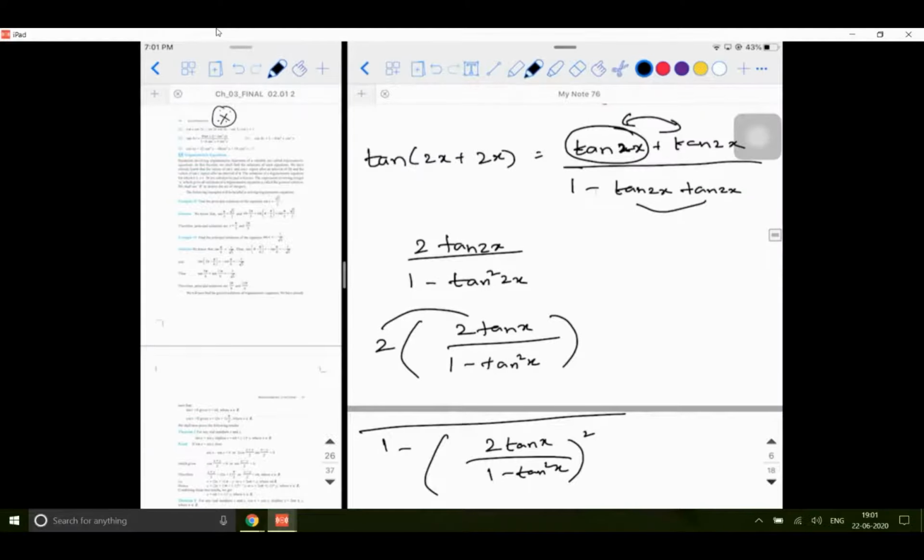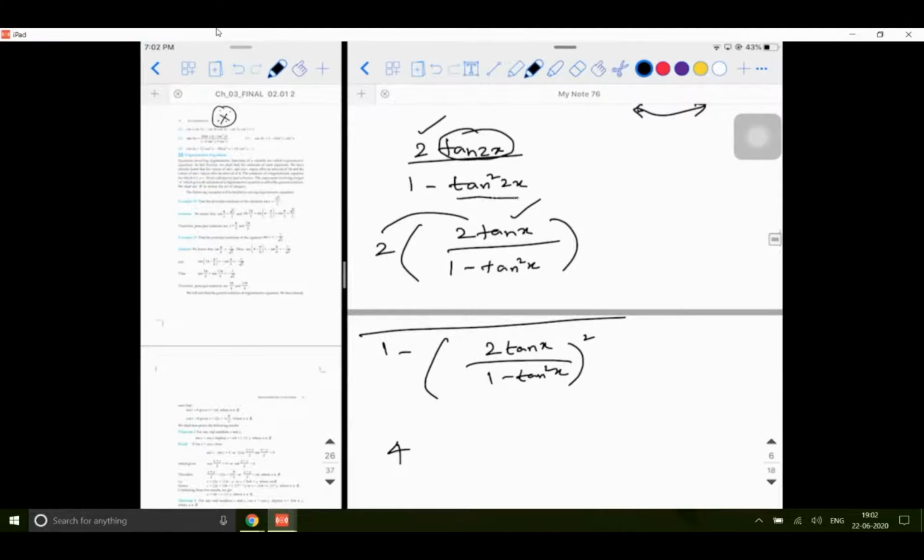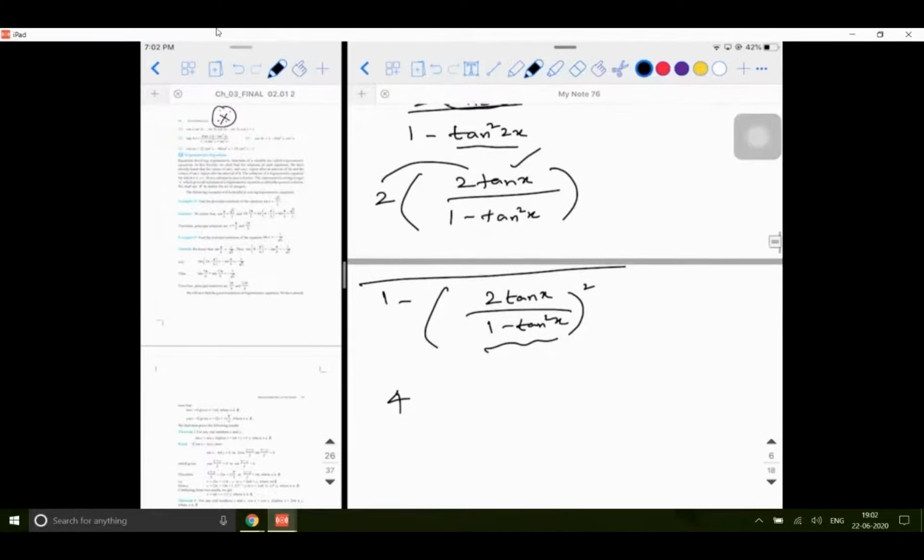In the previous step, I added these two, that's why I wrote 2 tan 2x. I multiplied these two, that is why I wrote tan square 2x. In the place of tan 2x, I wrote its formula, that is 2 tan x divided by 1 minus tan square x. Similarly, in the denominator, I wrote tan 2x as 2 tan x by 1 minus tan square x, the whole square. Alright.